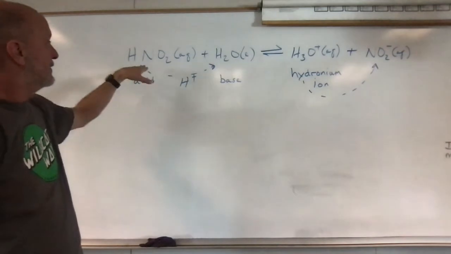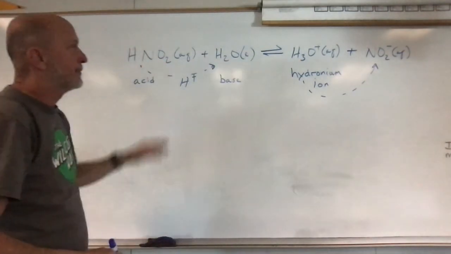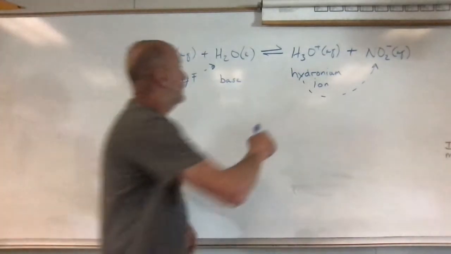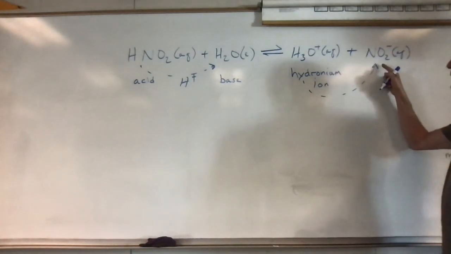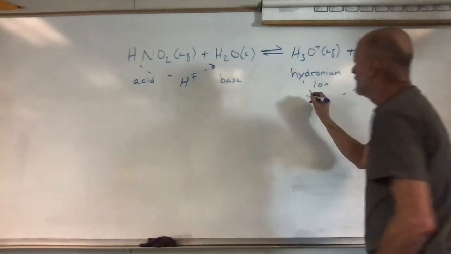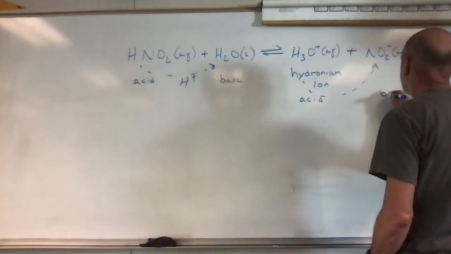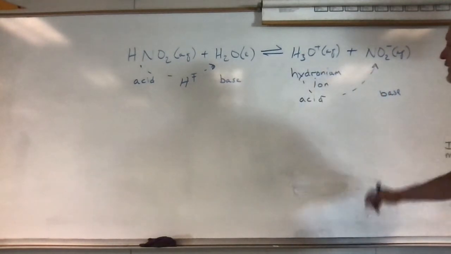So in this case, not all of this will have gone and formed that. Sometimes that hydronium ion will donate the proton right back. In the reverse reaction, the hydronium ion is acting as an acid, and this nitrite ion is going to act as the base. And it goes back, right? H plus.